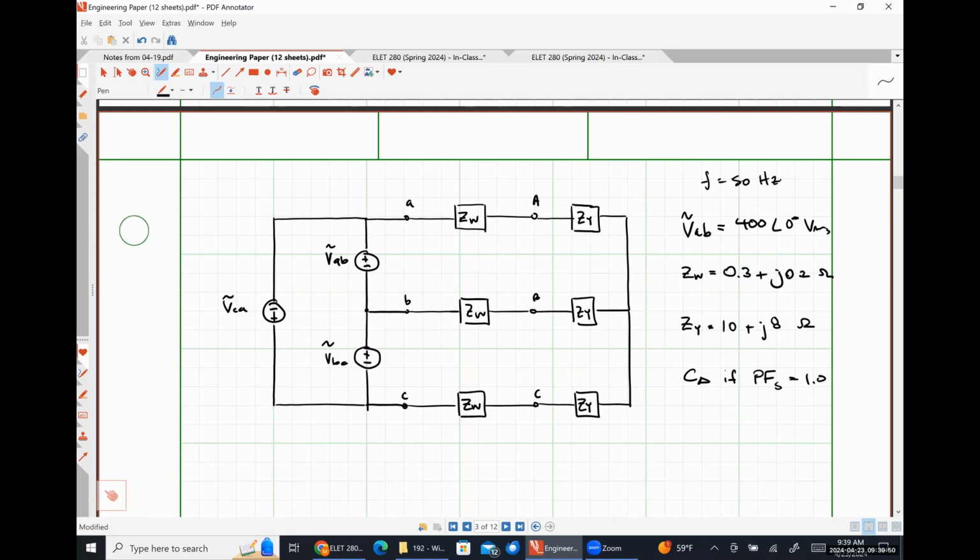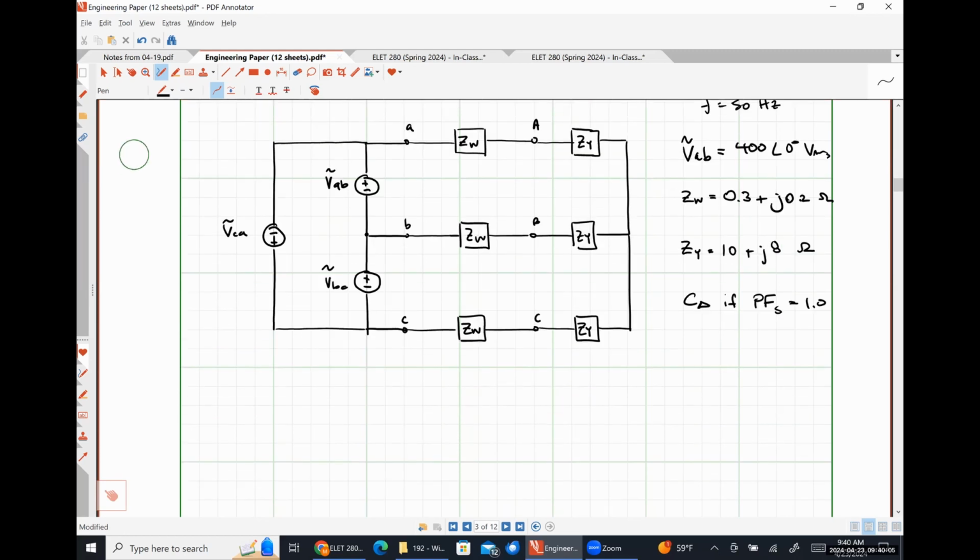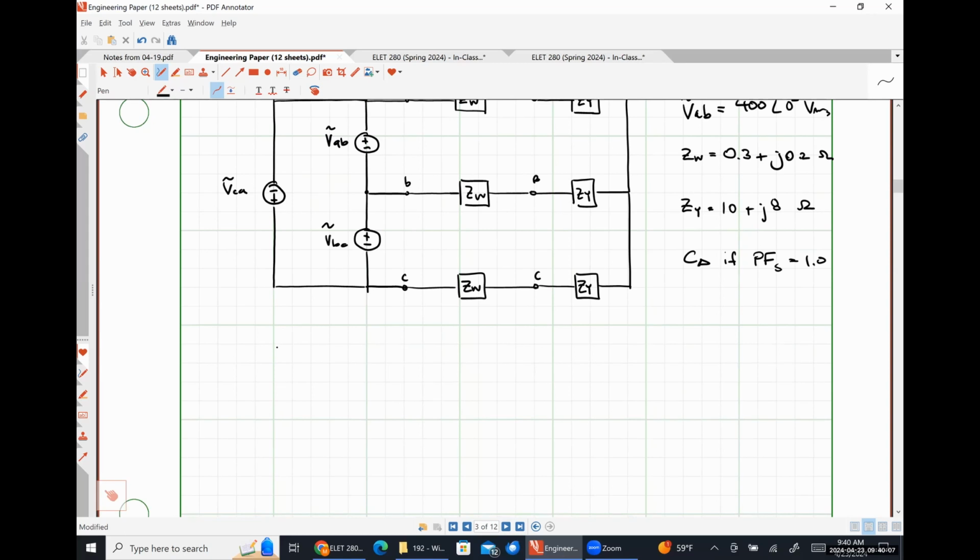ZW and ZY are in series, so I think it's reasonable to use a single phase equivalent circuit really quickly and see if we can sort something out. My single phase equivalent circuit would be this guy right here, VAN.